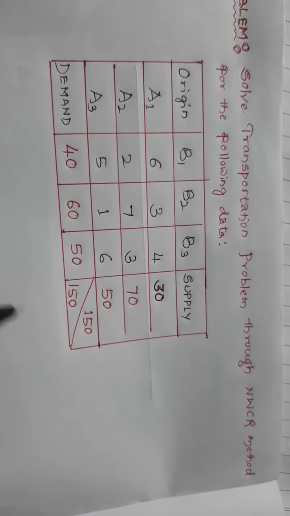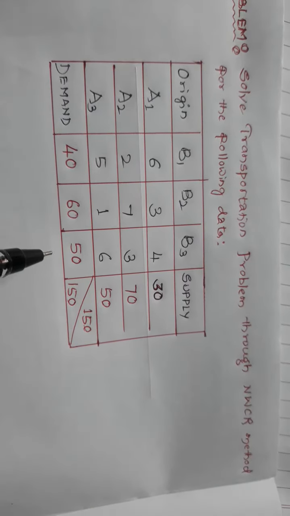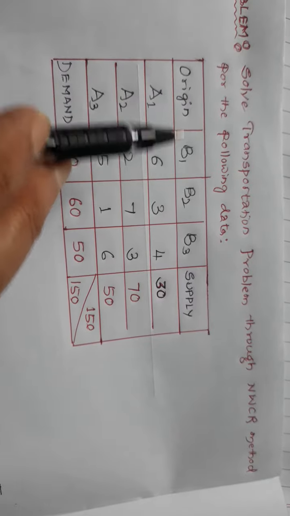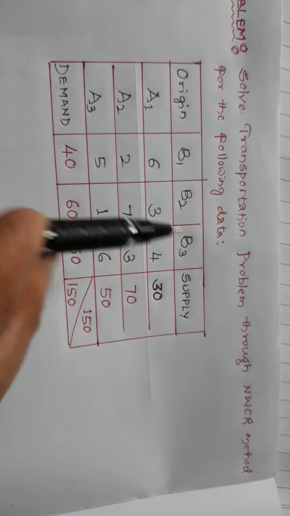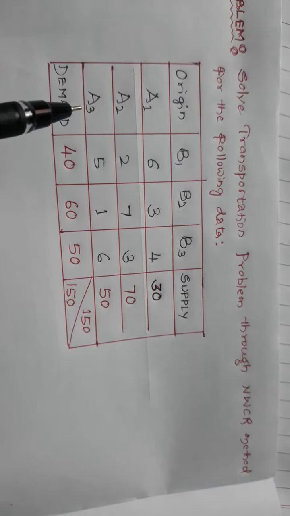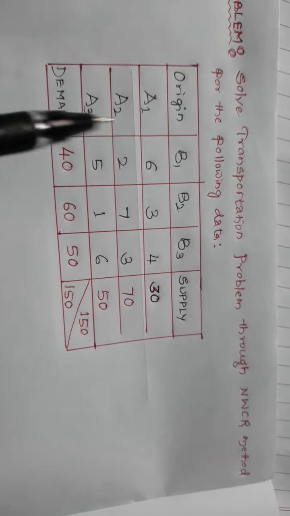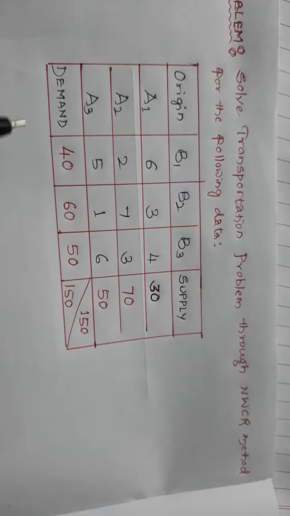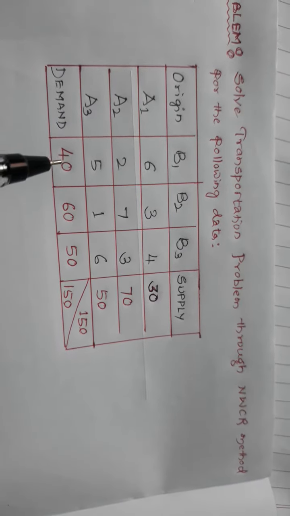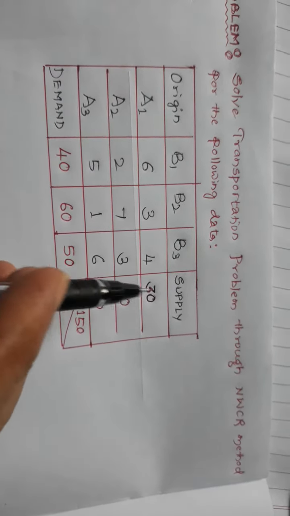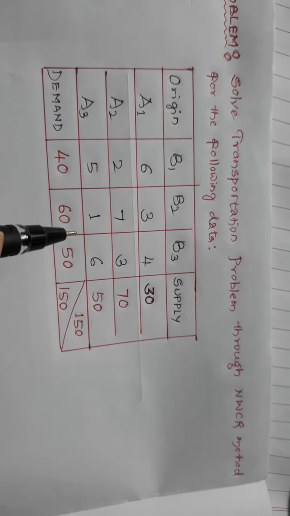They have given one particular table. In this table, origin is there: B1, B2, B3 and origin A1, A2, A3. After that, supply is also available and demand is also available.